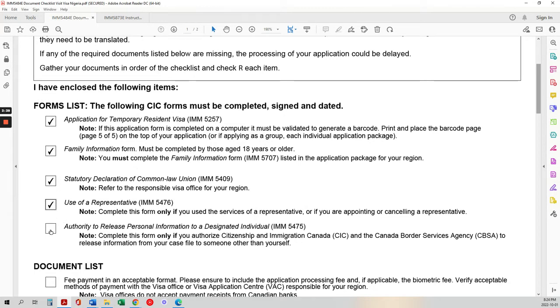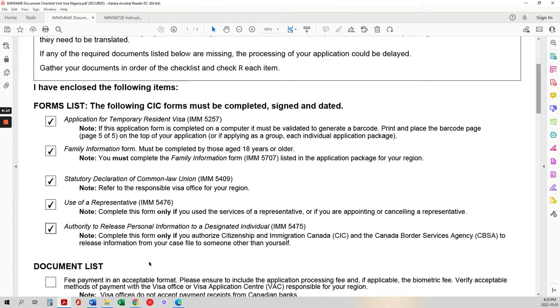Okay. Now the next one is to authorize the authority to release personal information to a designated individual, the IMM 5475. Now, you complete this form only if you authorize Citizenship and Immigration Canada and the Canada Border Services Agency to release information from your case file to someone other than yourself.